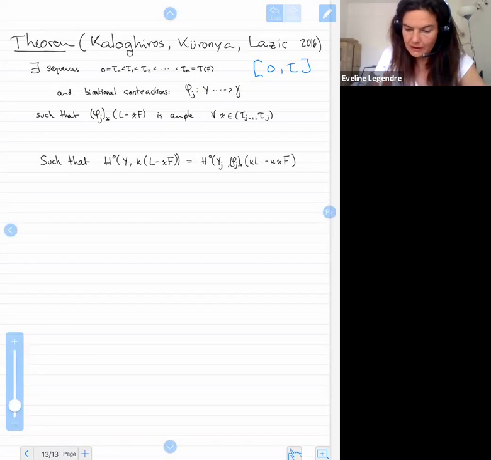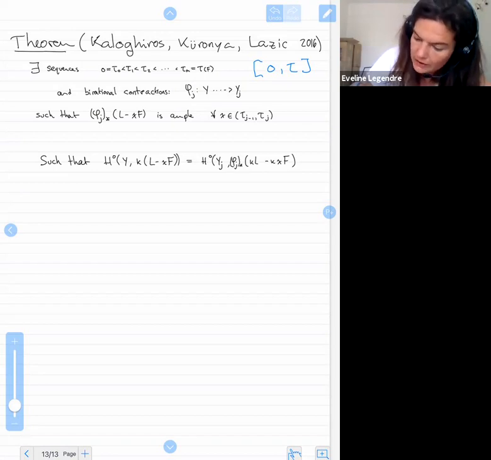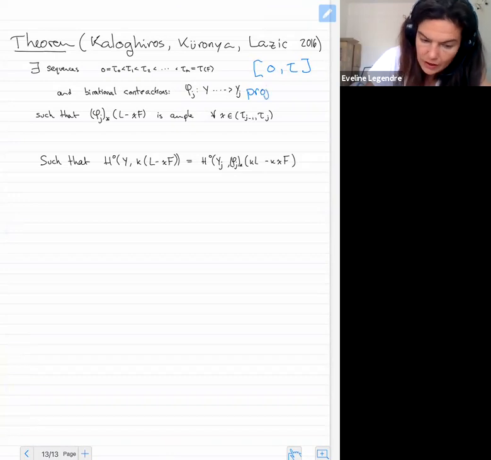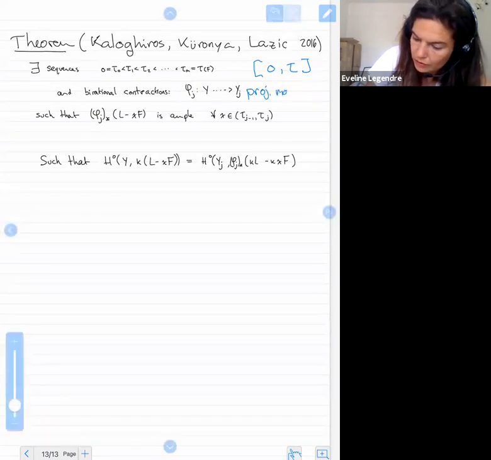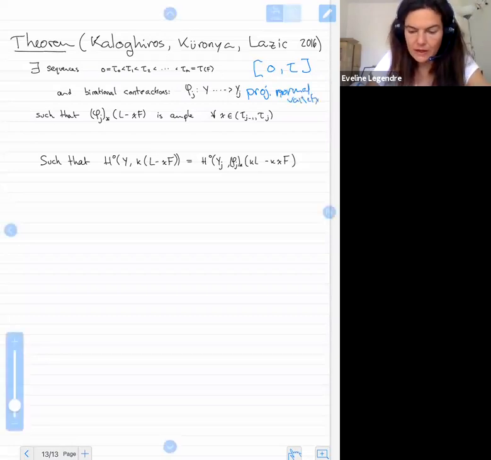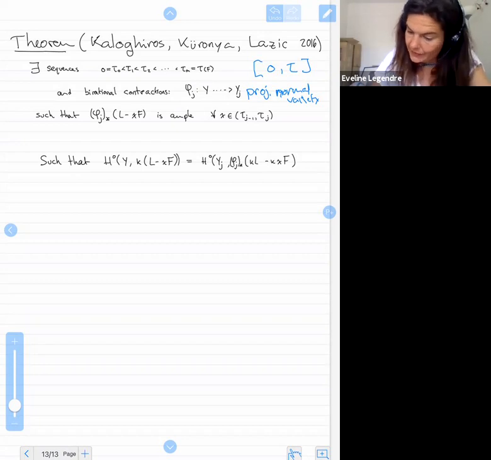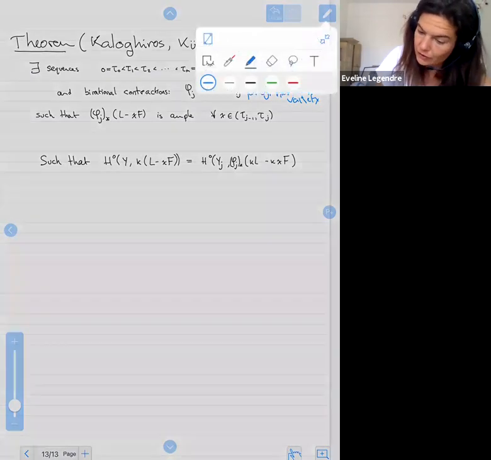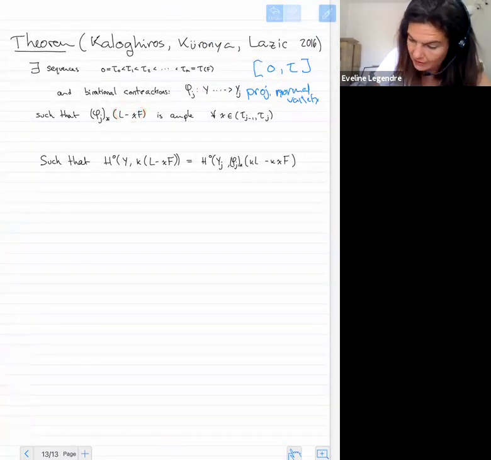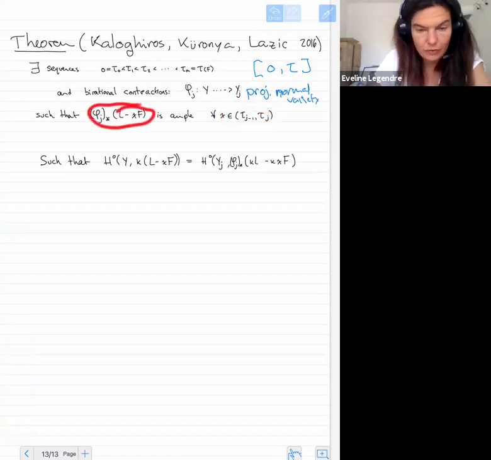You have a partition of this, and birational contractions, where all these Y_j are projective normal varieties, and such that even if this one is not ample at some x, the pushforward will be ample.